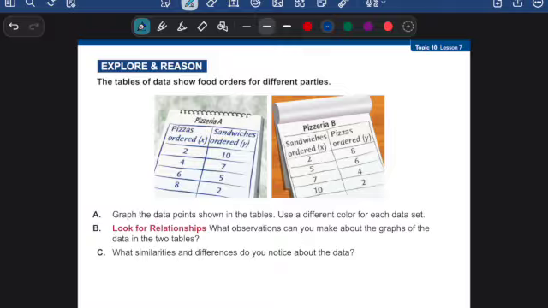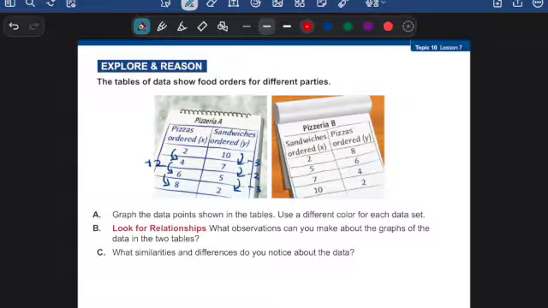Well, if I'm looking at the x values for Pizzeria A, I can see that they are increasing by 2 every time. And the y values are decreasing by more or less 3 every time. So that appears to be pretty much linear.